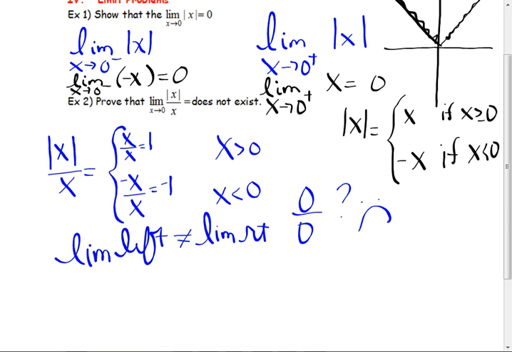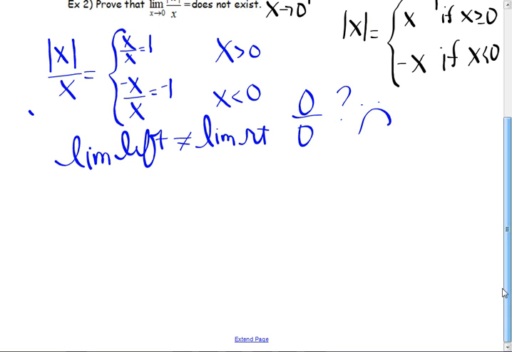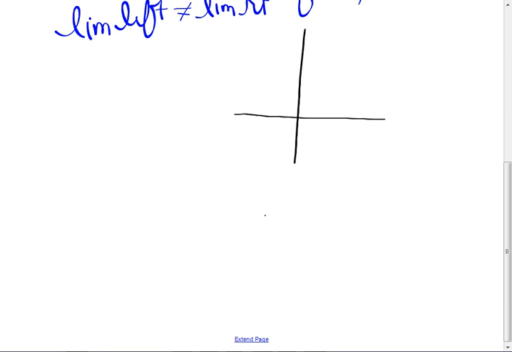If you put in 0, the value of the function doesn't even exist. So there's a hole in the graph. If I wanted to graph this, it looks like this on the right and this on the left. It's a huge jump there. Limit does not exist.